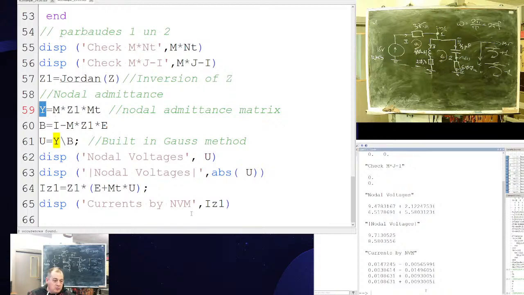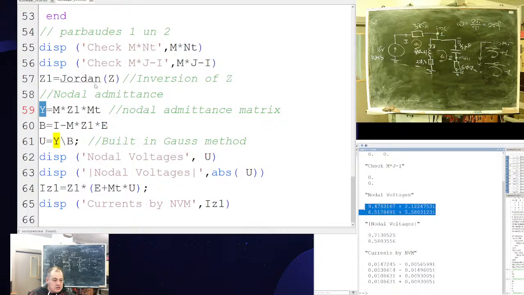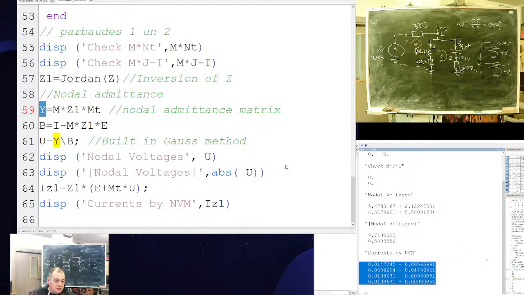One moment. Look what we got. Our nodal voltages, see? In complex form. That's what our voltmeter will show. And currents in complex form.